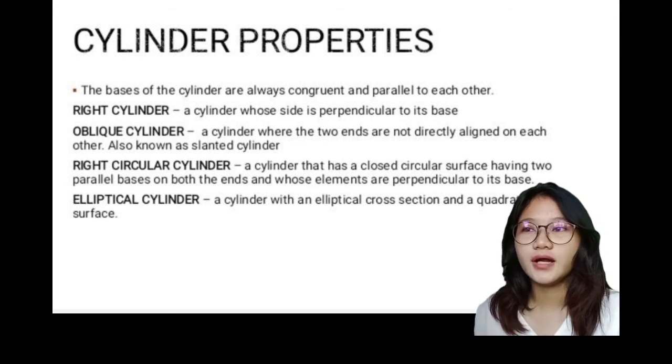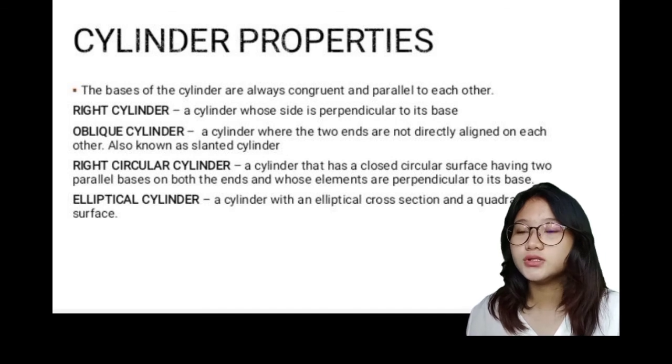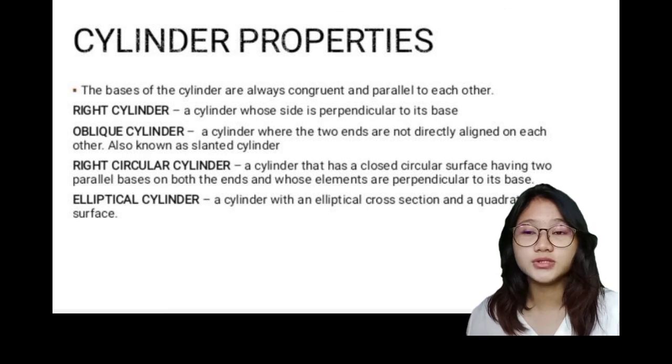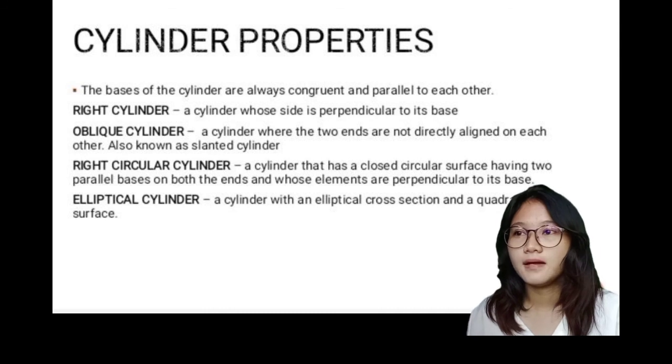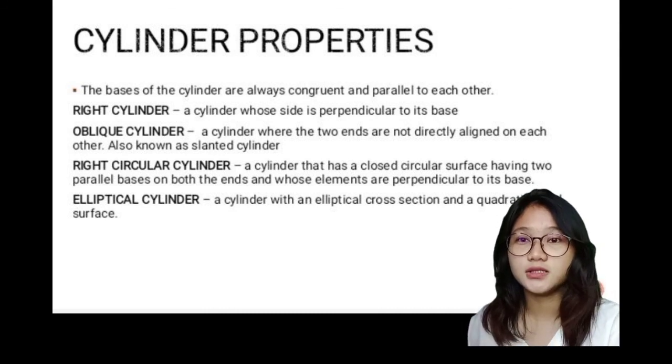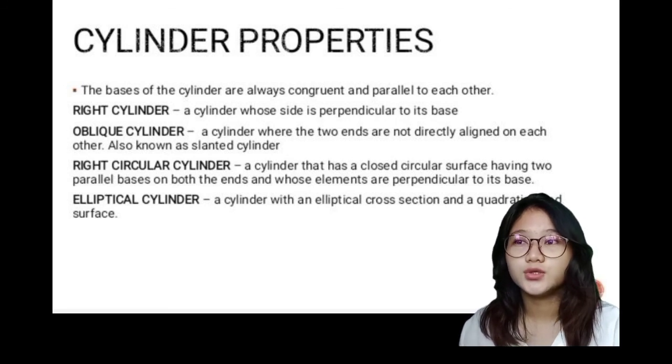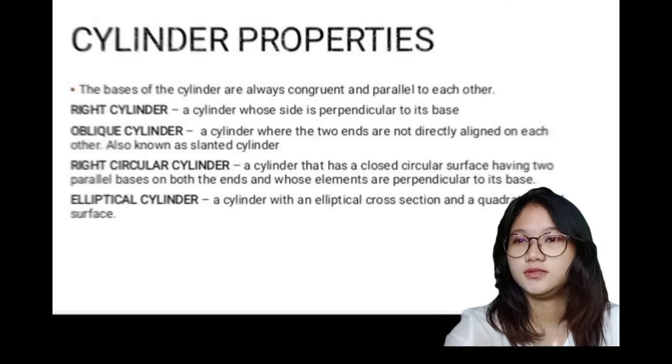Next is the right circular cylinder, a cylinder that has a closed circular surface having two parallel bases on both ends and whose elements are perpendicular to its bases. Next is the elliptical cylinder, a cylinder with an elliptical cross-section and a quadratic ruled surface.